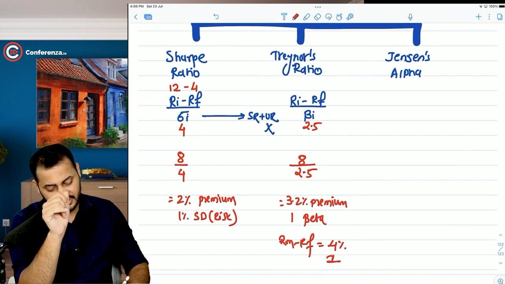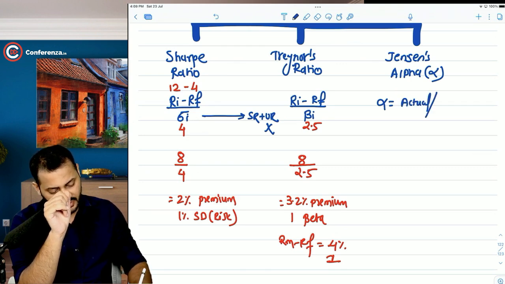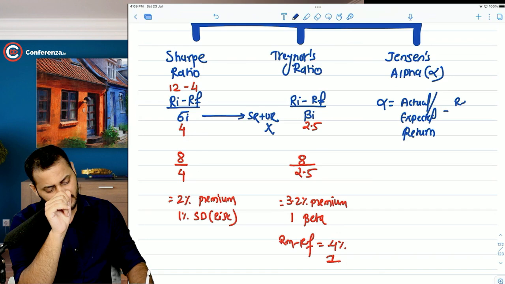Now, Jensen's alpha. Remember the word alpha, and I told you how to calculate the alpha. Alpha is nothing but the actual, or we can say expected, return minus required return.